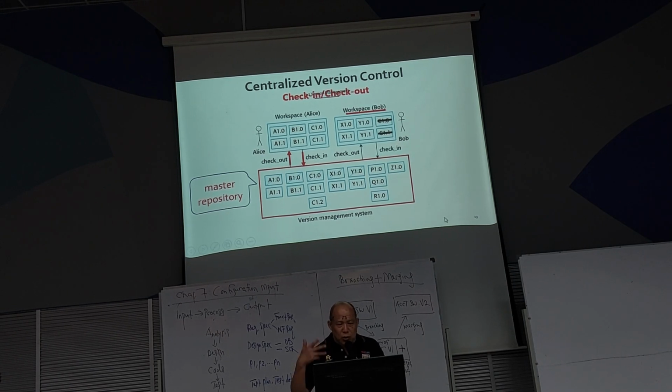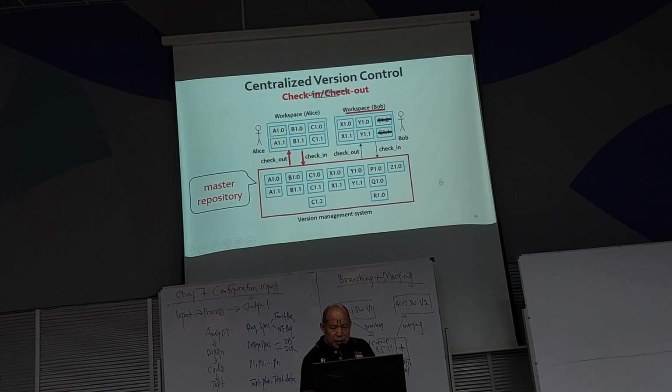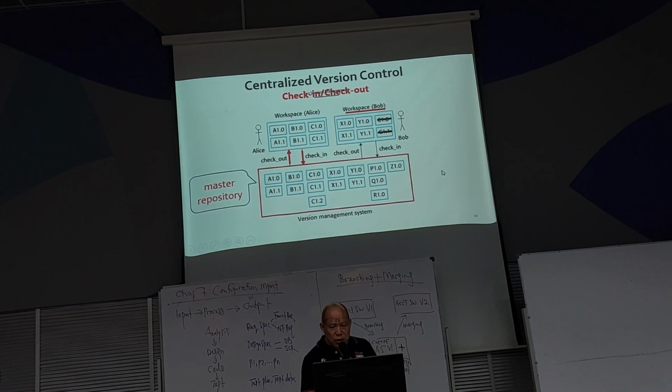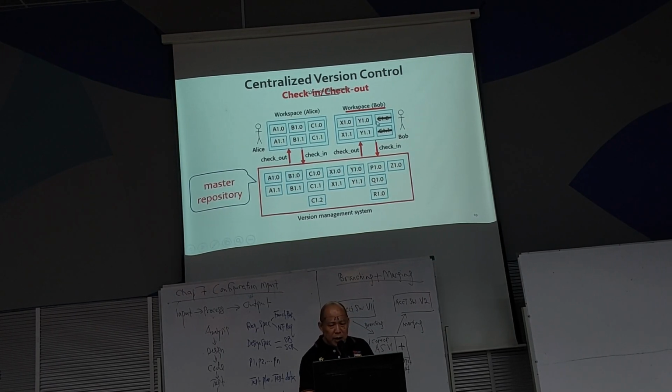Bob can also do the same. If Bob wants to make some changes and he's authorized to change it, he has to check out, transfer the item into his own workspace, and when done, check in.